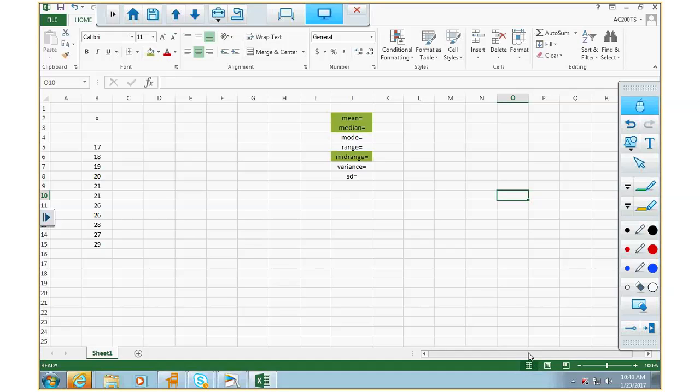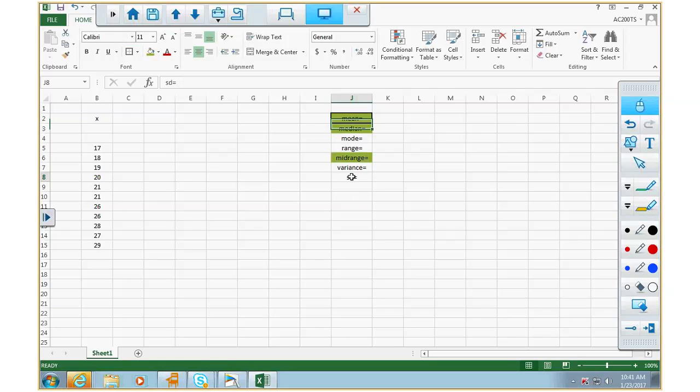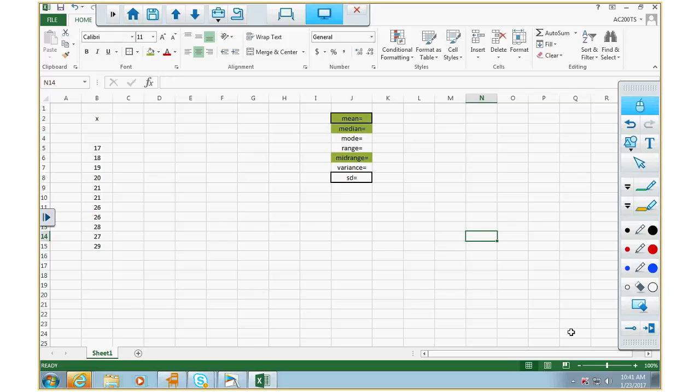Now, the 2 most important numbers that you're going to want to know for this unit and the next unit, and I'll put them in outlines, are the mean and the standard deviation. Those are the 2 numbers that are very important for the future.